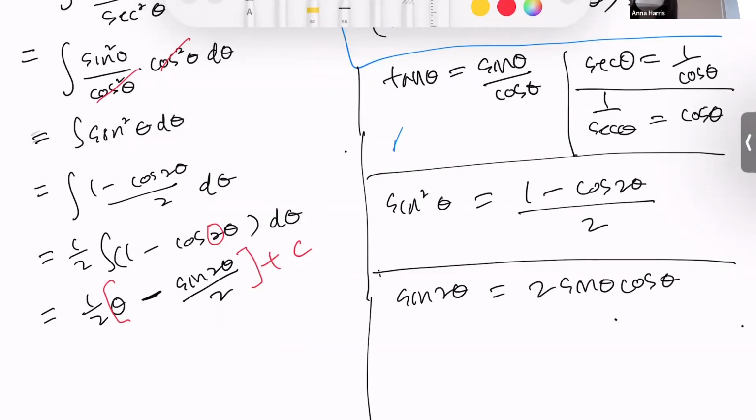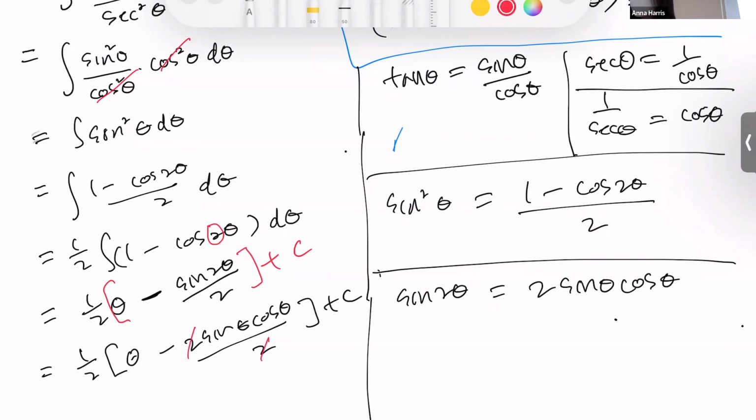A right triangle tells me what theta is equal to. It doesn't tell me what 2 theta is equal to. Are you with me? So let's rewrite this one more time. 1/2 theta minus 2 sine theta cosine theta, everything over 2, plus c. Now I'm going to cancel out 2 and 2. All right, now I'm almost done.